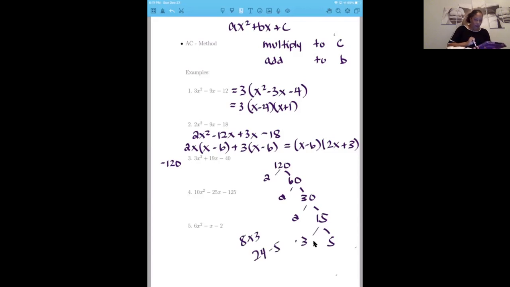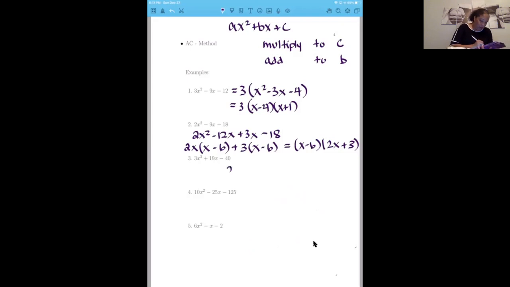Okay, so we're going to do a positive 24 and a negative 5. So 24x minus 5x, and the other two terms stay the same, 3x squared minus 40.